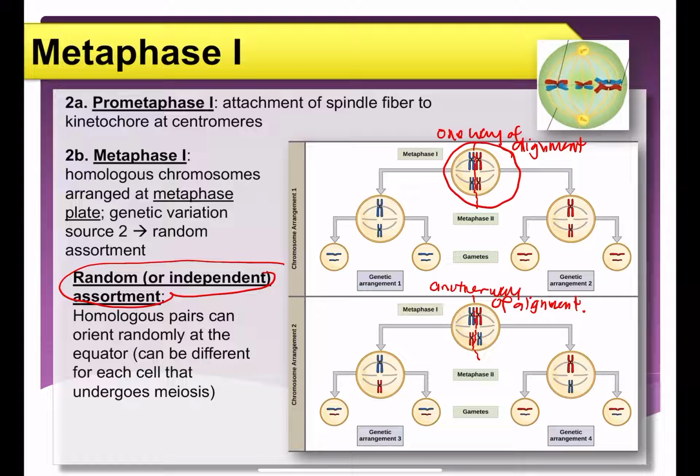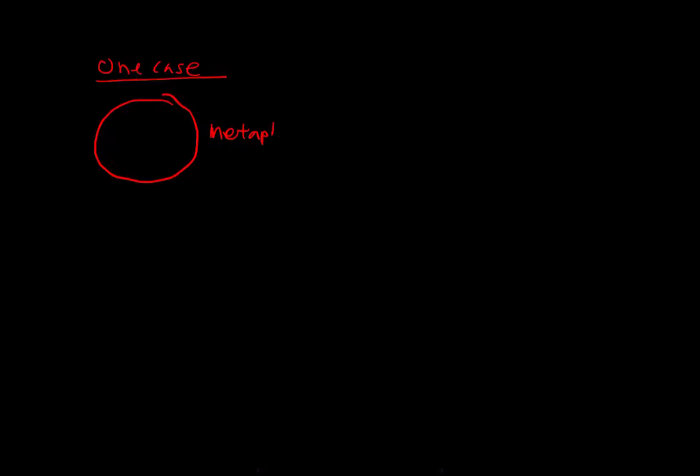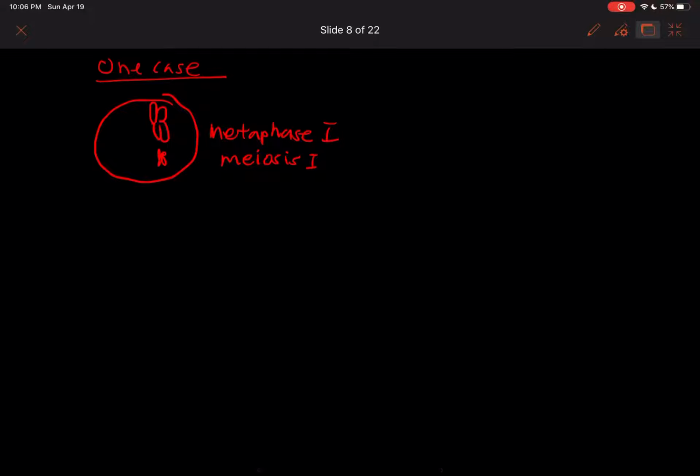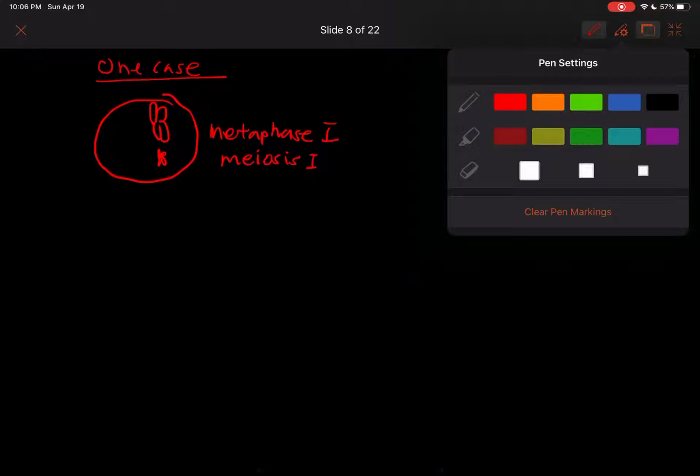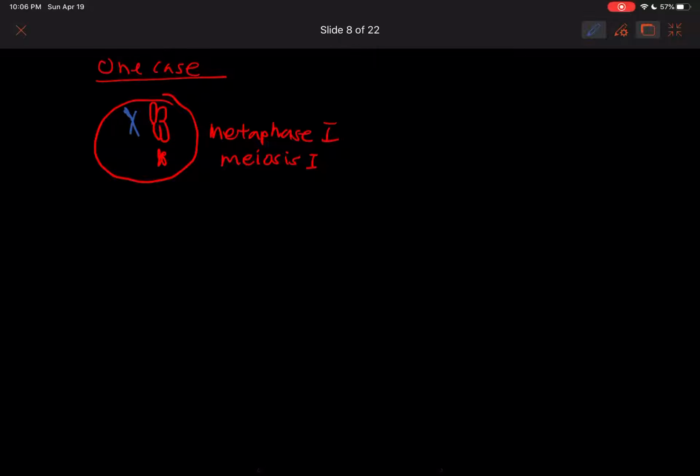Okay, so let me draw this picture by picture so we understand what I'm talking about here. Okay, so in one case, this is metaphase 1 in meiosis 1. You have red chromosomes on one side and red chromosome on the other side. Okay, on the other side you have blue chromosome, and then blue chromosome on one side.